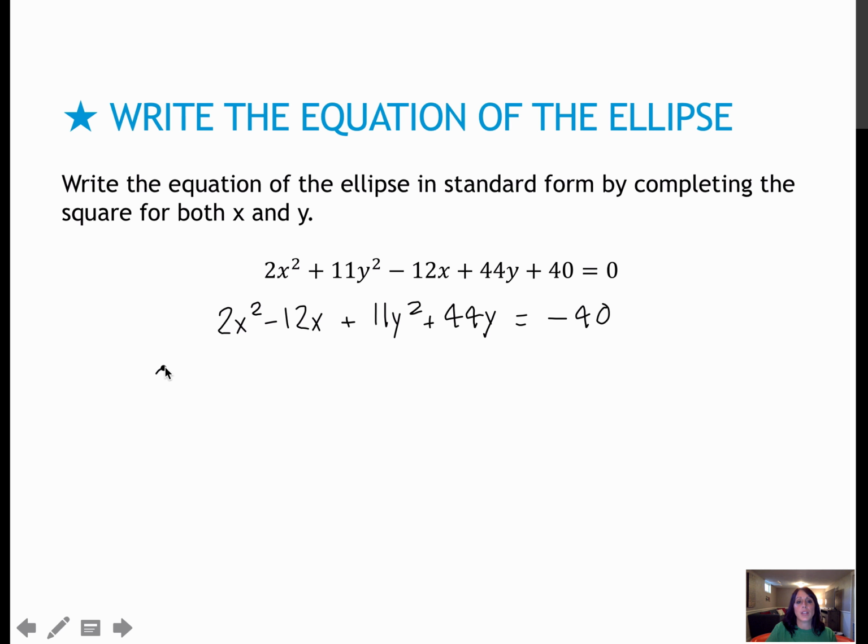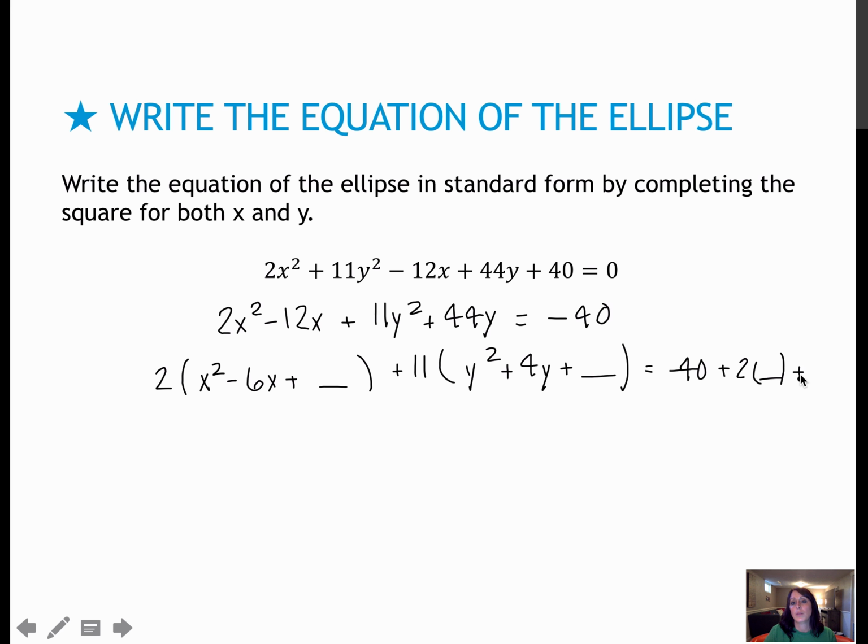Then I'm going to take out a GCF, so I'm saying 2 times x squared minus 6x plus blank, plus 11 times the quantity y squared plus 4y plus blank equals negative 40, plus 2 times blank plus 11 times blank.